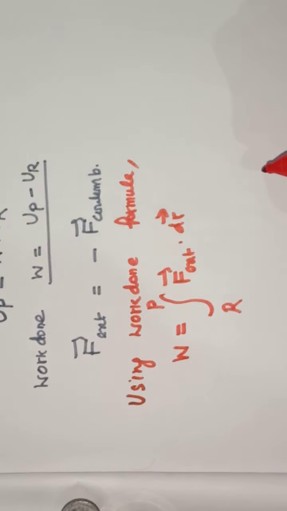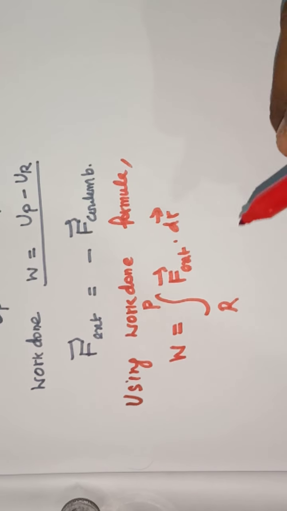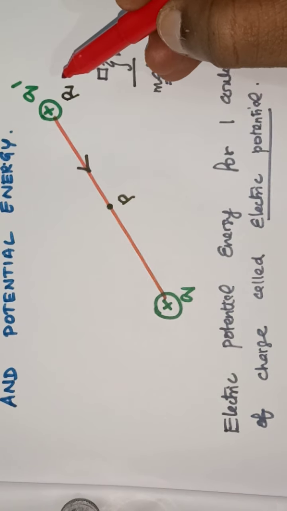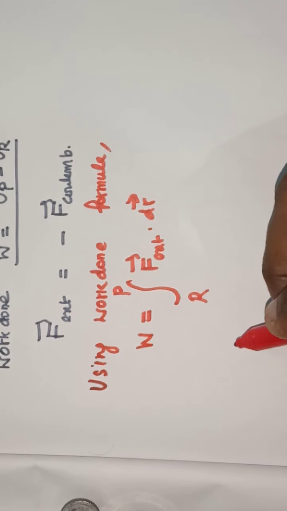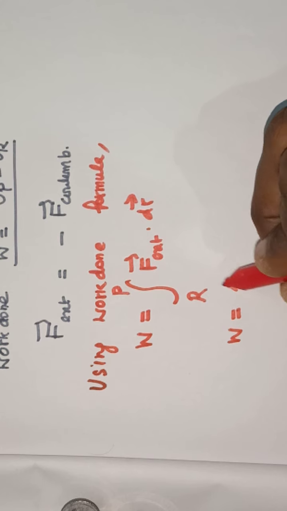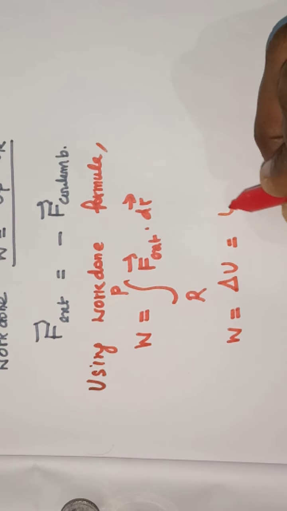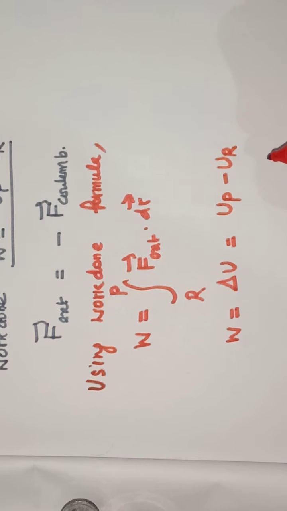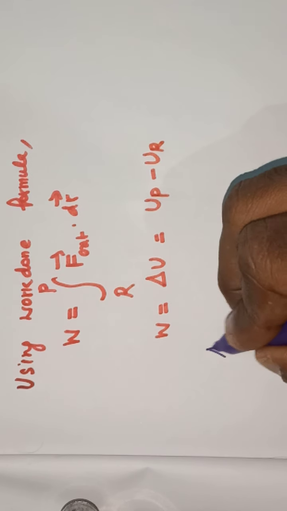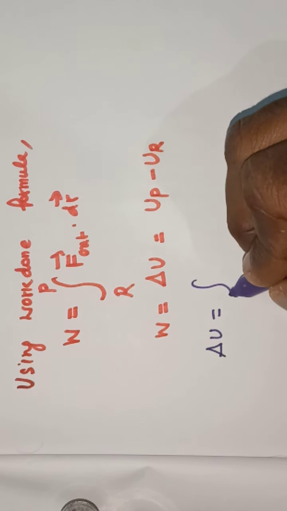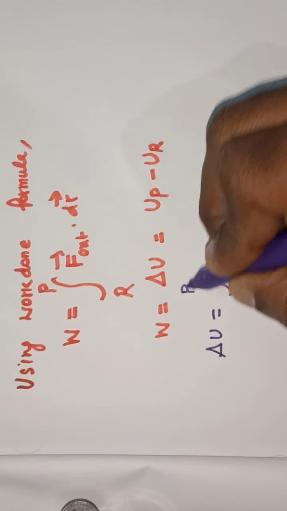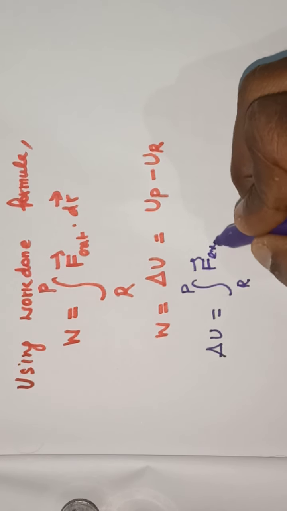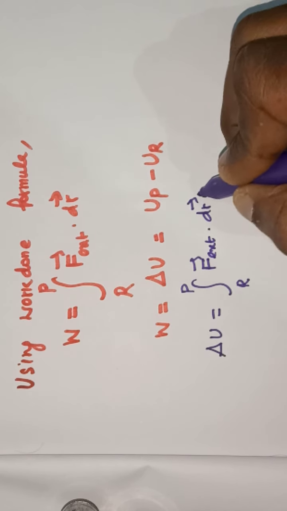Since the potential energy is defined as the work done to bring a test charge q dash from R to P, the work done can be written as W equal to delta U equal to UP minus UR. So similarly, delta U is equal to integral R to P F external dot dr vector.